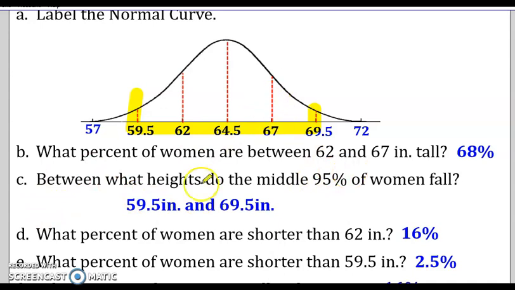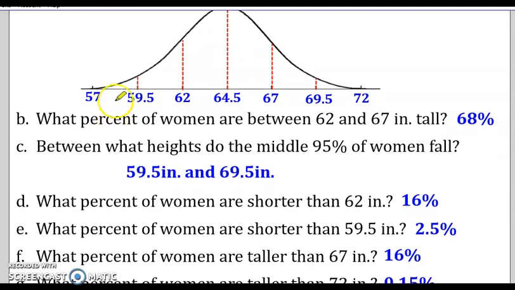So that's 95%, so 59 and a half, 69 and a half. Shorter than 62, so that's this region over here. We have 13.5, 2.35, 0.15, add those up. Shorter than 59.5, well, we have 2.35 here, and then 0.15 here, add those together.